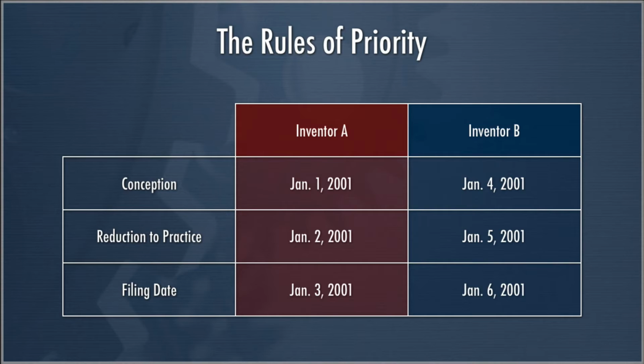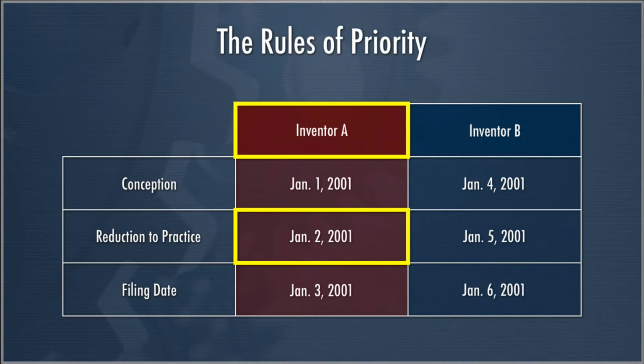Inventor B conceives on January 4th, reduces to practice January 5th, and files on January 6th. Right? So this is the easiest case, of course, because you look at the reduction to practice dates, right? January 2 versus January 5th, and inventor A wins, right?